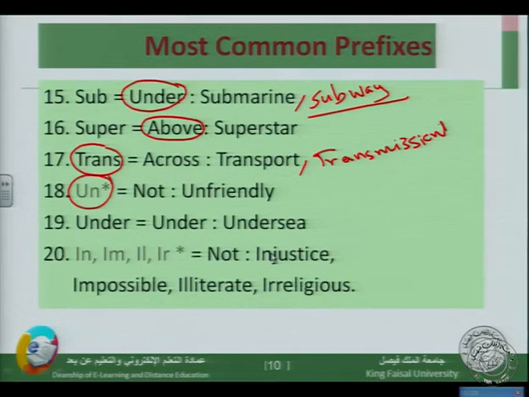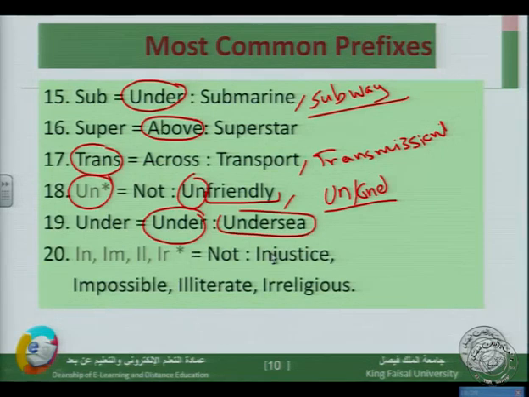Un gives the meaning of negativity, not. We have the word friendly, and unfriendly means the opposite. For example, kind and unkind. So un gives the meaning of negation. Under means under, below, like undersea.